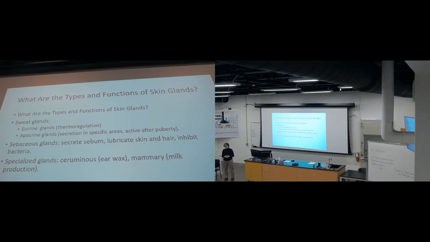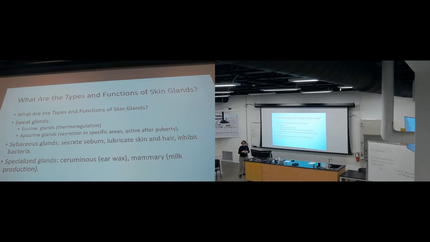So they inhibit bacterial growth. For instance, we have here at the entrance of our ear canal a specialized type of gland called the ceruminous glands. These produce the earwax, and that earwax prevents the growth of microbes in this ear area.